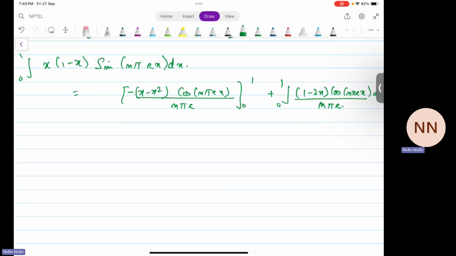Now putting x equals to 1 and 0, the first term will vanish out. We will be left with 1 by n pi c.